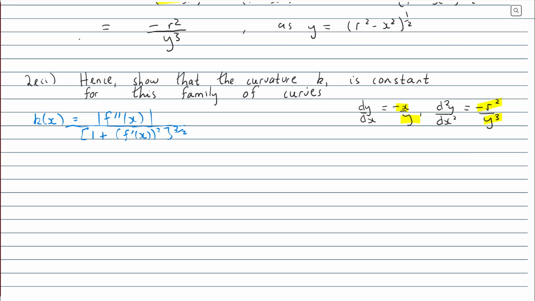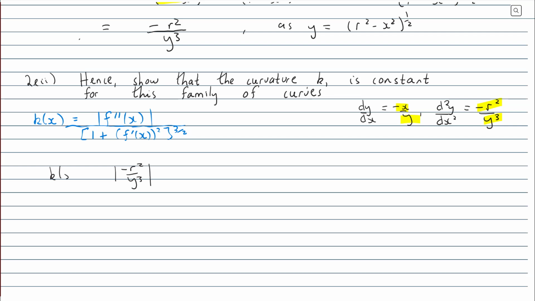So we just need to plug those into our formula and show that it is constant, that it does not depend on x or y, for this family of curves. In the numerator, the second derivative was negative r squared over y cubed, so we take the absolute value of negative r squared over y cubed.